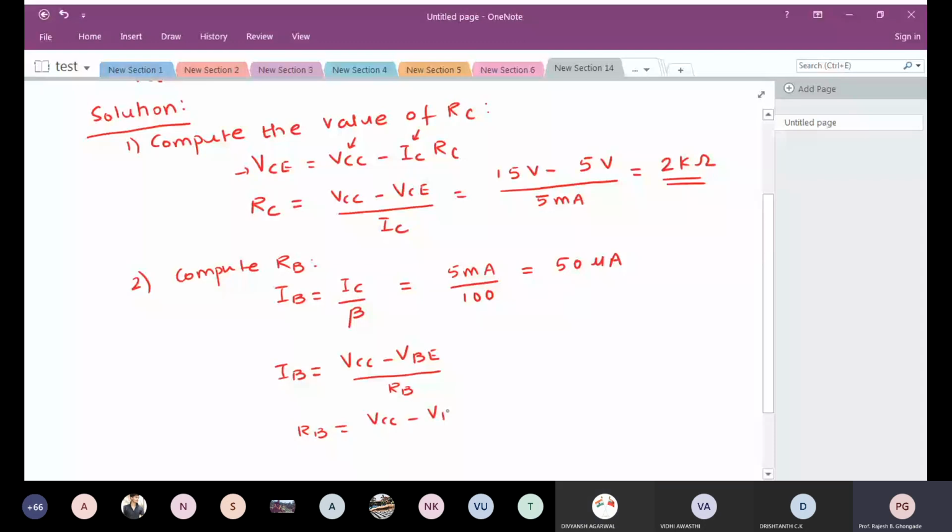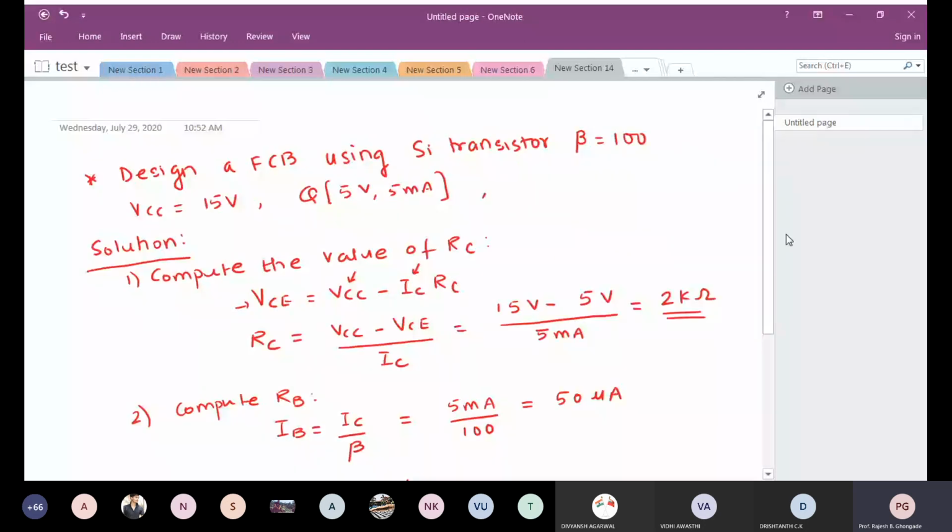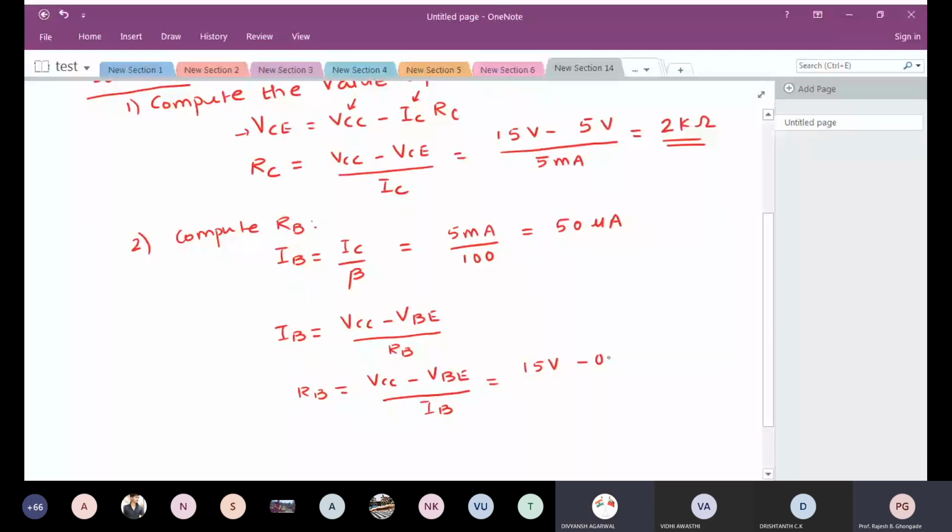That turns out to be 15 volts minus VBE. Since it is a silicon transistor, VBE is 0.7 volts, divided by 50 microamperes.